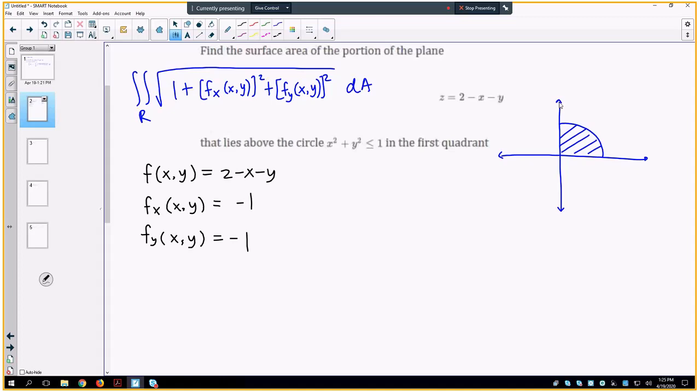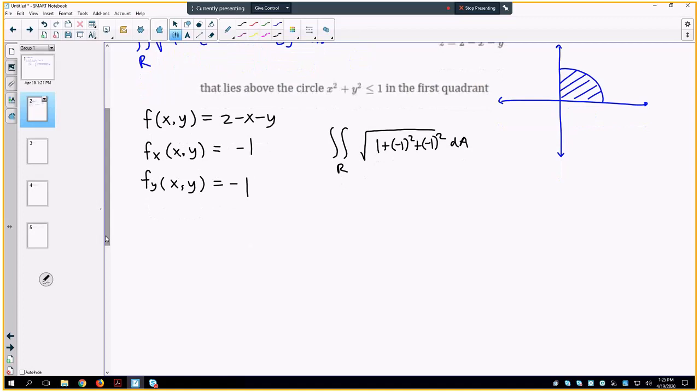So then we are going to be integrating the square root of 1 plus minus 1 squared plus minus 1 squared, which of course is just square root of 3.